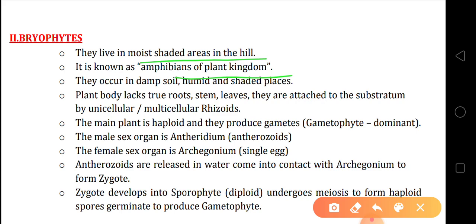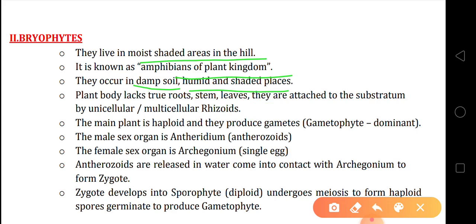Next, that is habitat. They are found in damp soil, humid and shaded places. The plant body lacks true root, stem and leaves, and they are attached to the substratum by unicellular and multicellular rhizoids.